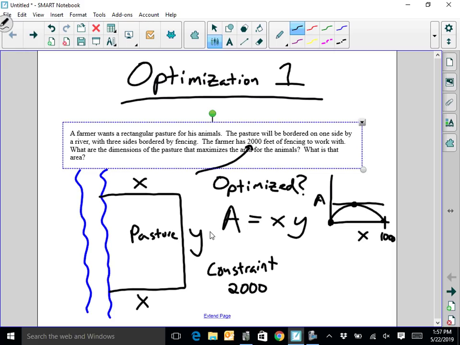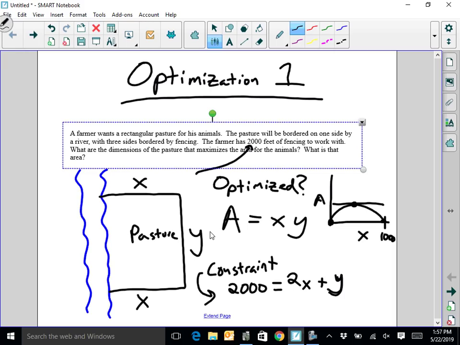The perimeter of these three sides has to be 2,000. So I can write an equation that says 2,000 equals 2x plus y. And I know that this has to be true. Whatever I choose for my dimensions, 2x plus y must equal 2,000 because I only have 2,000 feet of fence. I can't have a big hole in the fence or the animals are going to escape.